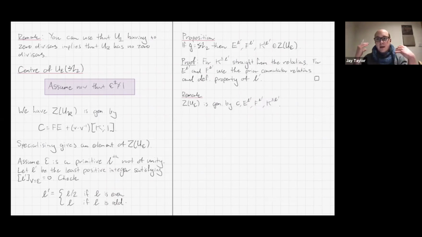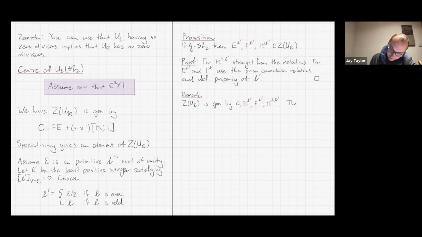Remember in the algebraic group case, Veldkamp's theorem: you have the p-center and the Harish-Chandra center. These terms here play the role of the p-center.